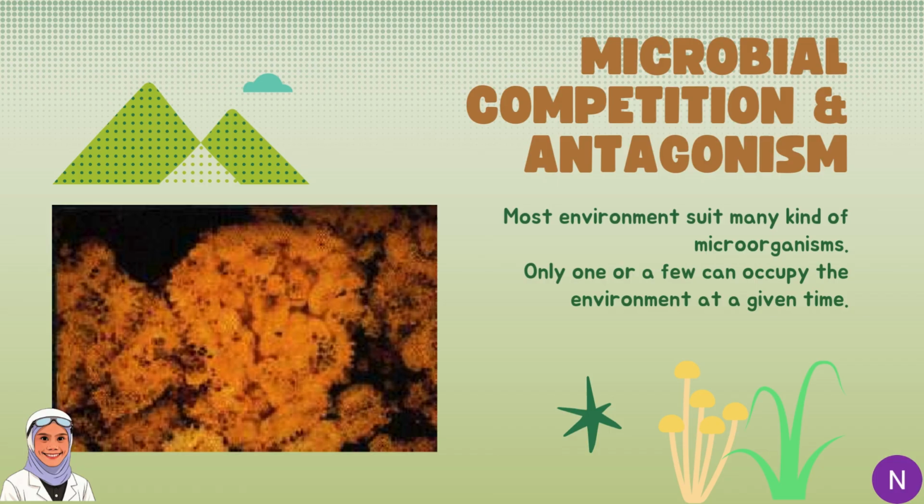One of the interactions I wanted to give is microbial competition and antagonism. Even though microorganisms are present in a particular environment, some have to compete with each other, because in general most environments suit many kinds of microorganisms. However, in a particular situation, only one or a few can occupy the environment at a given time.